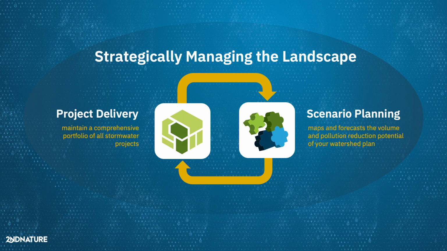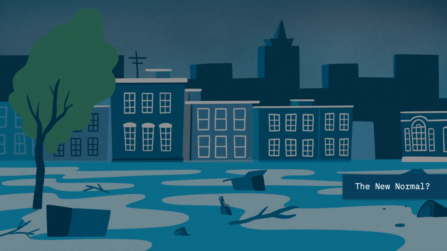And then in turn, feeding that into your scenario planning efforts. So at any time, you're able to assess and understand how changes on your landscape can result in less flooding, less pollution.